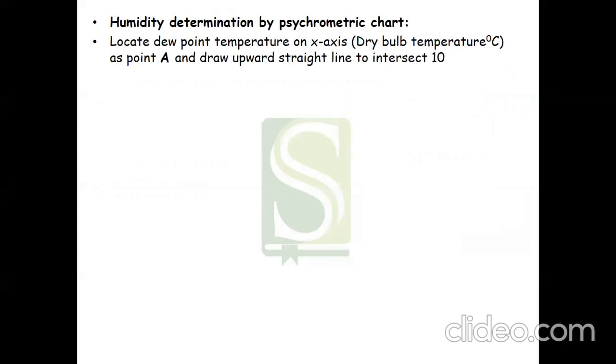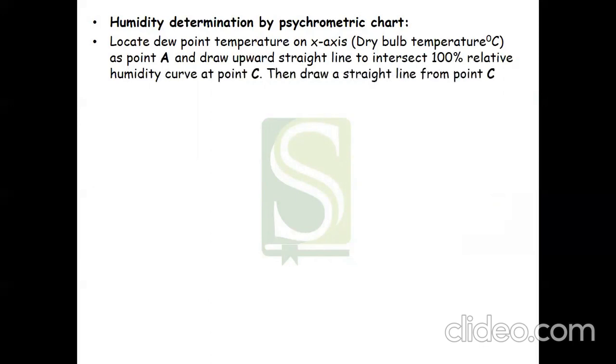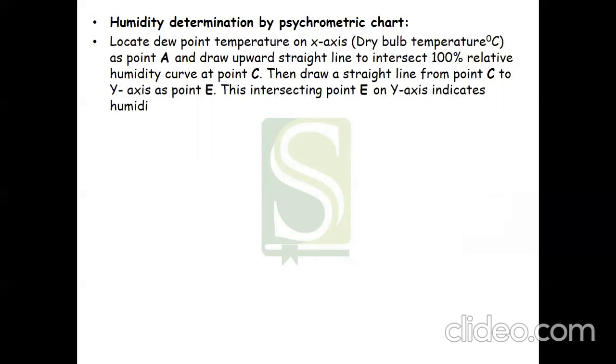First you will have to take the dew point temperature on the x-axis as point A, and then we will draw a straight upward line which will intersect the 100% relative humidity curve at point C. Now from point C we will draw a straight line to y-axis as point E. This intersecting point is going to indicate the humidity of the air.